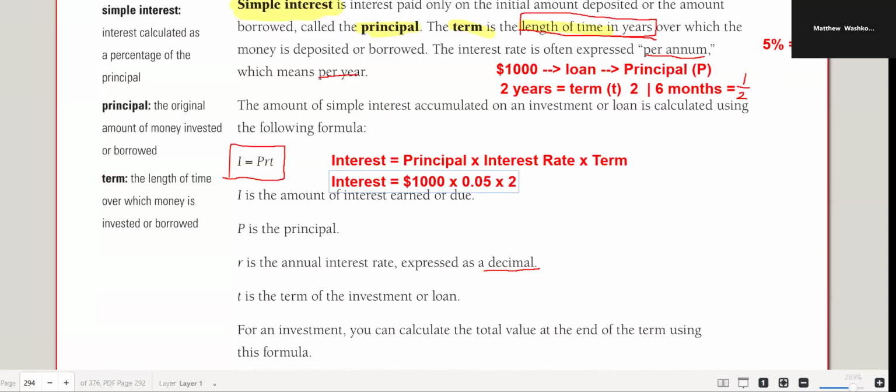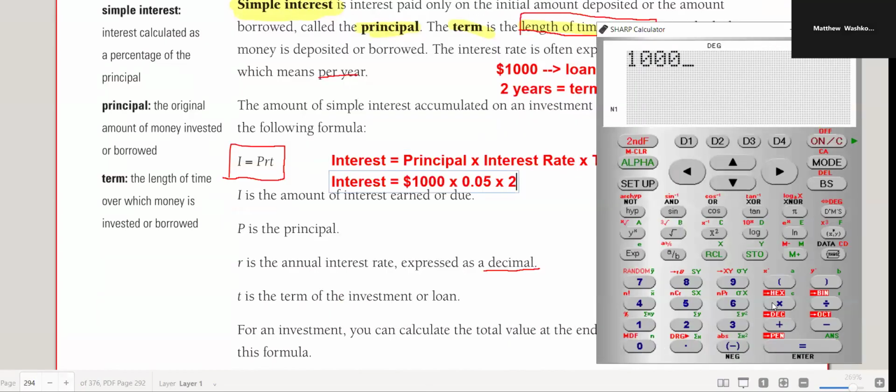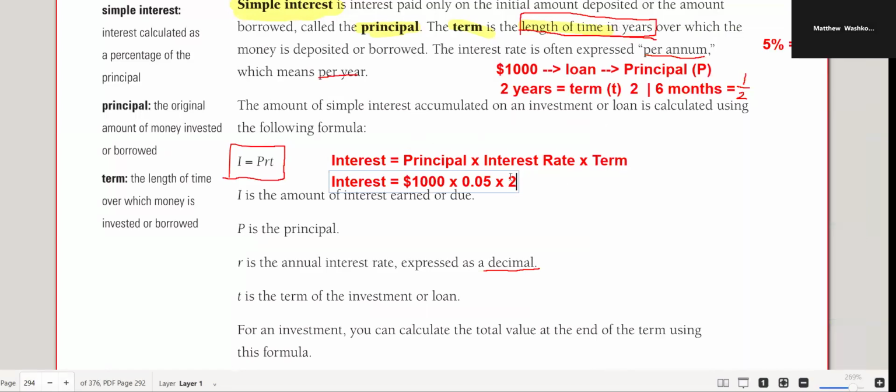If I punch this into a calculator, $1,000 times 0.05 times 2, I've paid $100 in interest, which means in total, I need to pay back $100 plus $1,000, so it's $1,100. That's the total amount I need to pay back for this $1,000 loan over a period of 2 years. And that's what simple interest is, right?